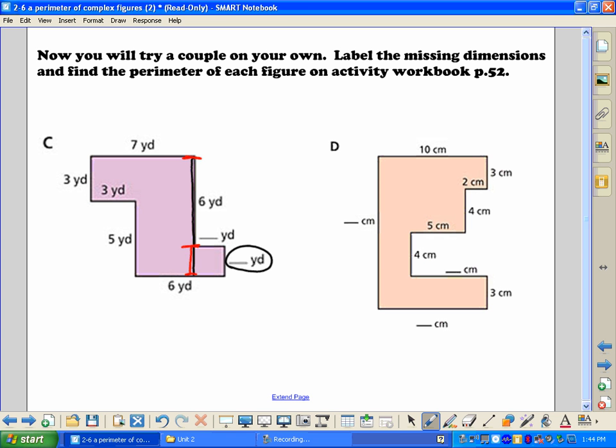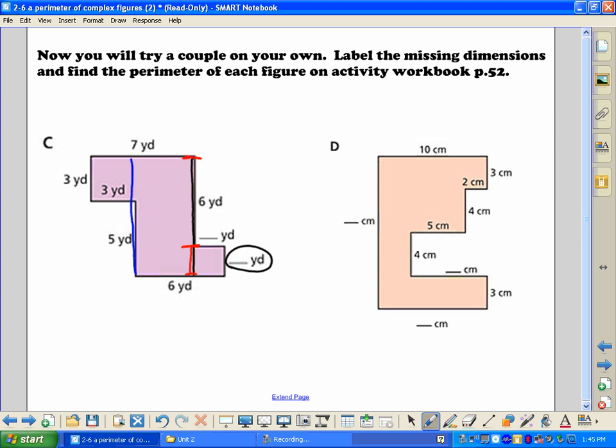I got to figure that out. So, let's look at what side would be congruent. Where could I draw a line that would make congruent to the black line? In the middle, like where the 3 is. Okay, so if I draw a line here, is that now congruent to my black line?